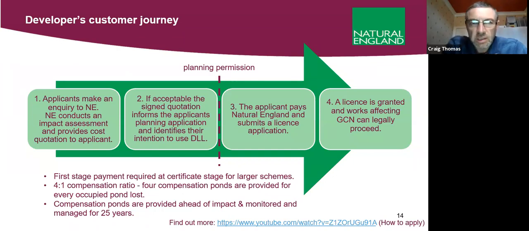I'll just talk about the customer journey, if I may. Probably many of you are familiar with this. So an applicant makes an inquiry to Natural England, and we use the red line boundary supplied to make an impact assessment. What impact is there going to be on GCN as a result of Development X? And we provide a cost quotation back to the applicant as part of an impact assessment.